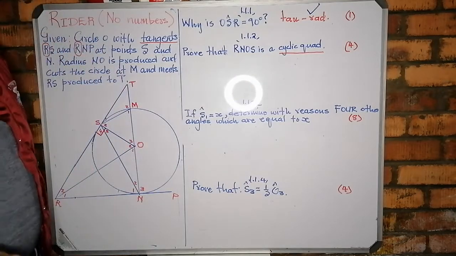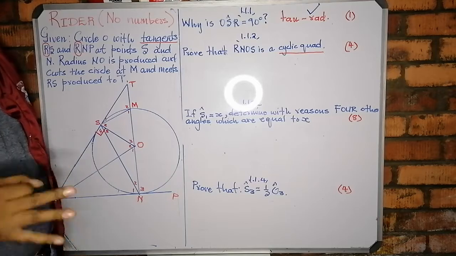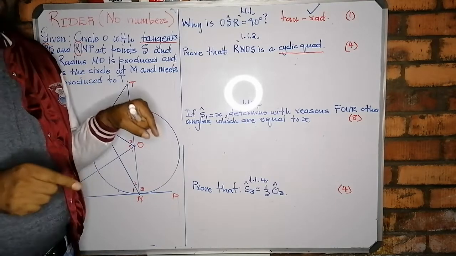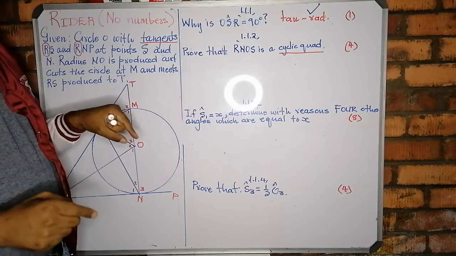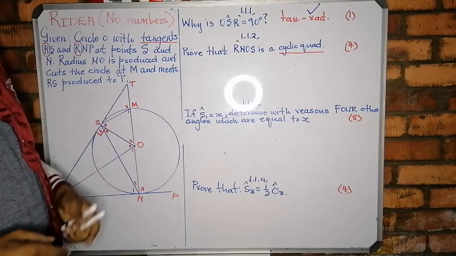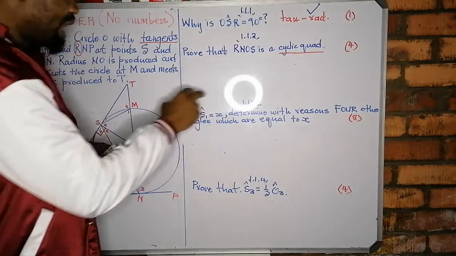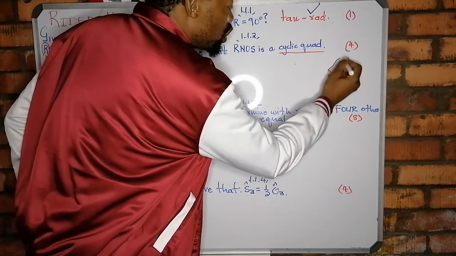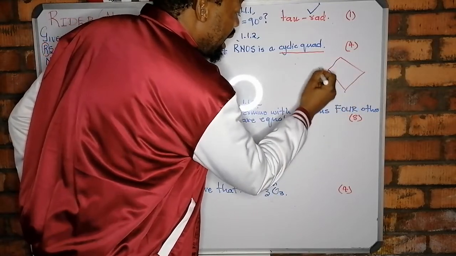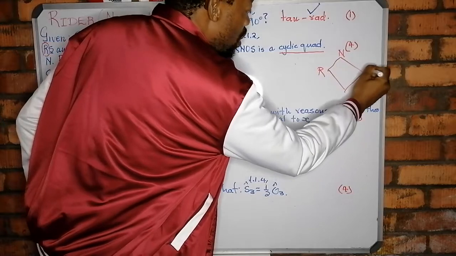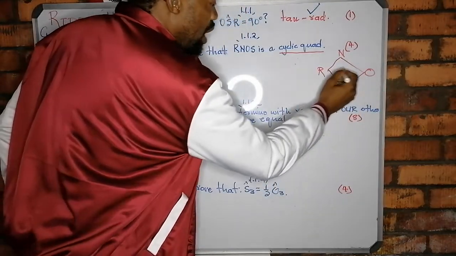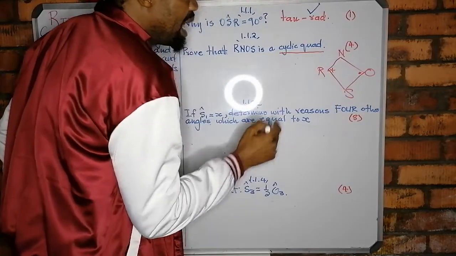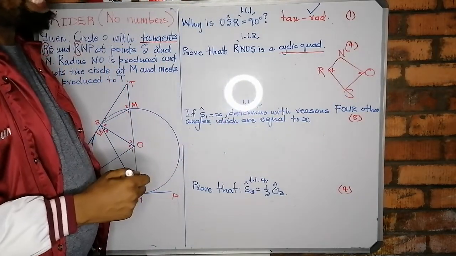Cyclic quadrilateral has got 3 beautiful theorems. The first one says, opposite angles of a cyclic quadrilateral are supplementary. Now, if you want to prove that RNOS is a cyclic quad, you should show me that in RNOS, the opposite angles, this angle plus that angle, are adding up to 180.